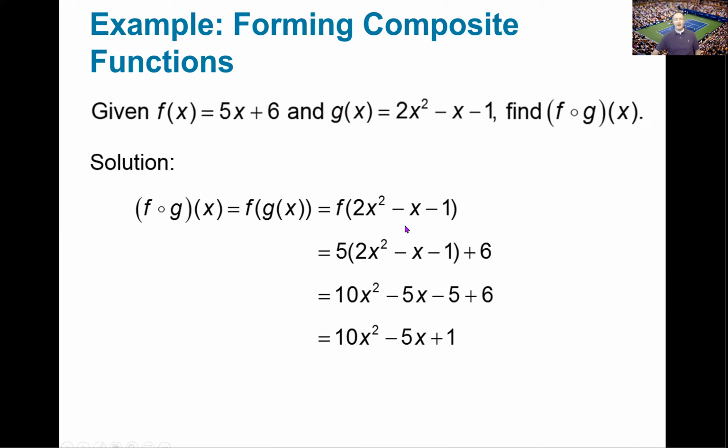So I have 5 times that quadratic, and then plus 6. I distribute the 5 through, of course. I'll get 10x squared minus 5x minus 5. I already had the plus 6 right there. Combine the minus 5 and plus 6 to get my 10x squared minus 5x plus 1.